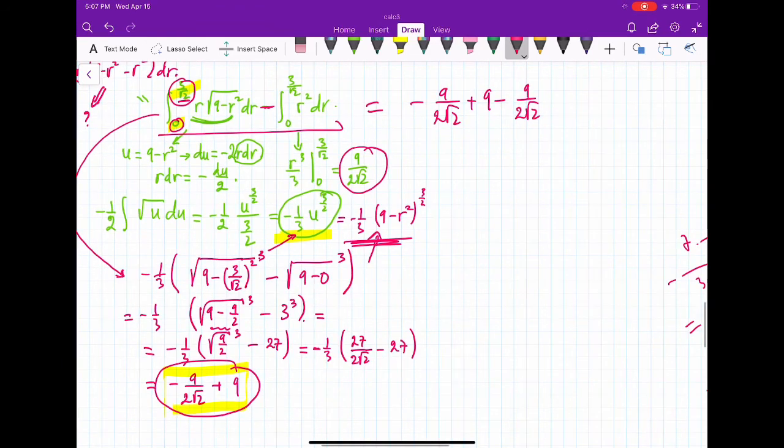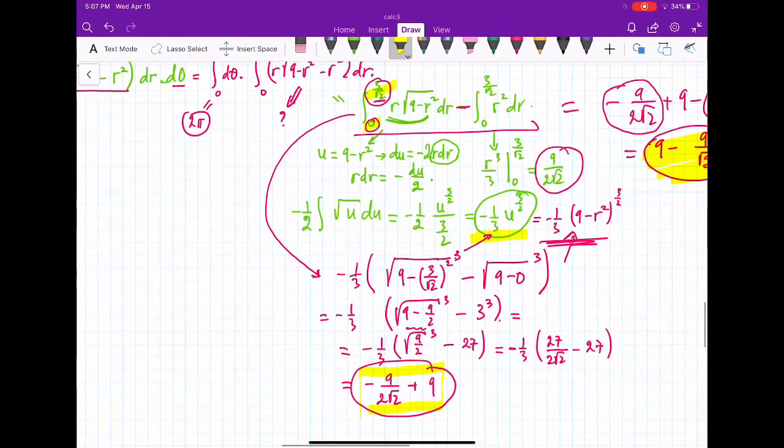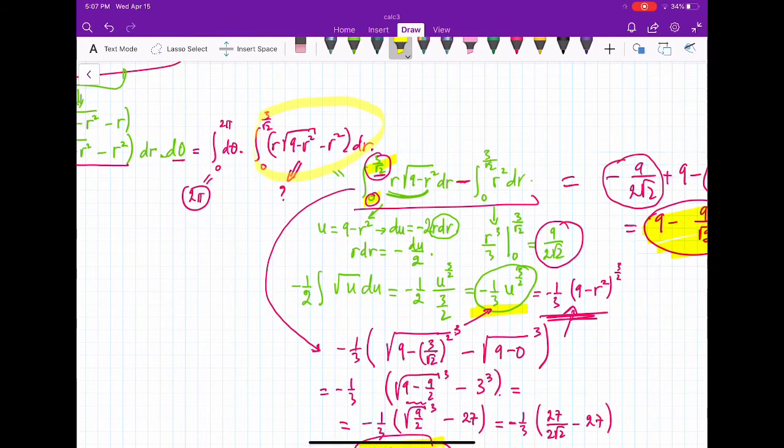So this term and these terms, they are the same. So I have 9 minus 9 over square root of 2. Agree? All right. So that's what we have for this integral.